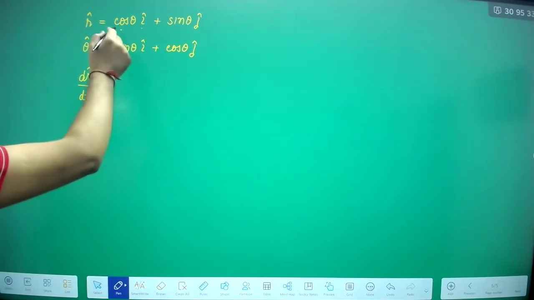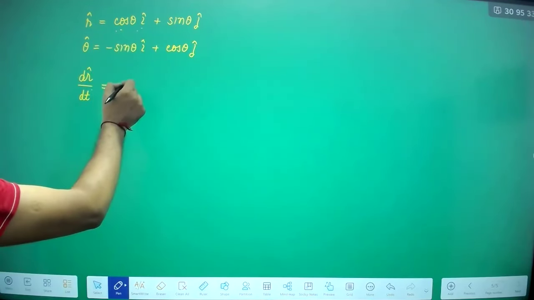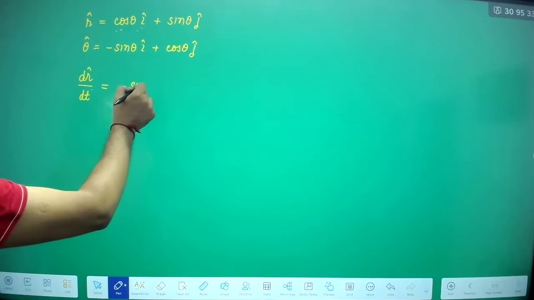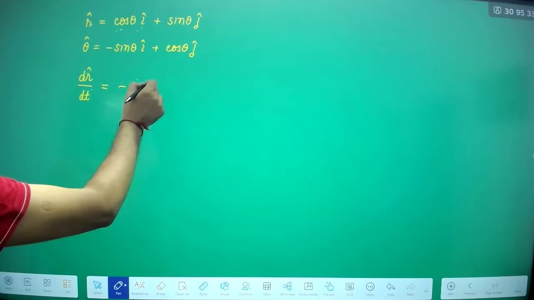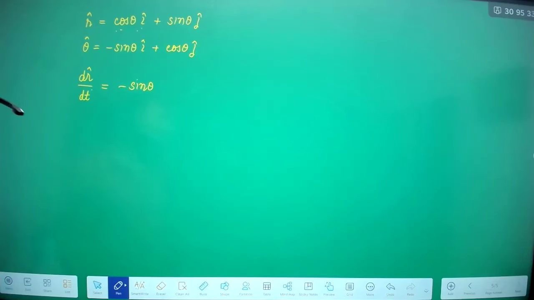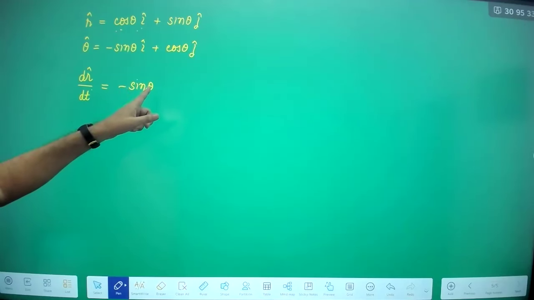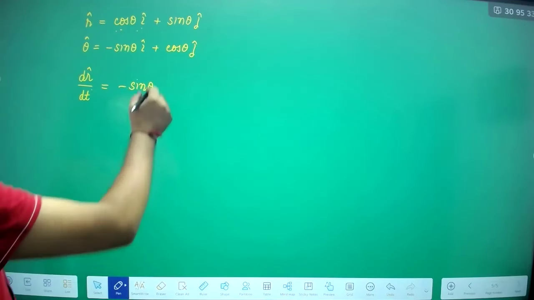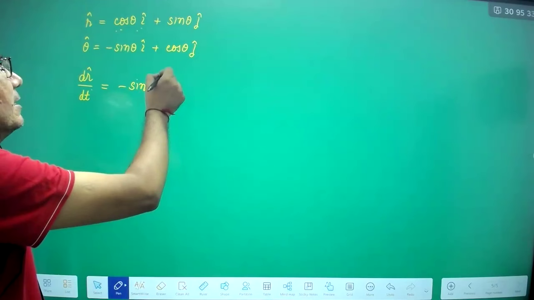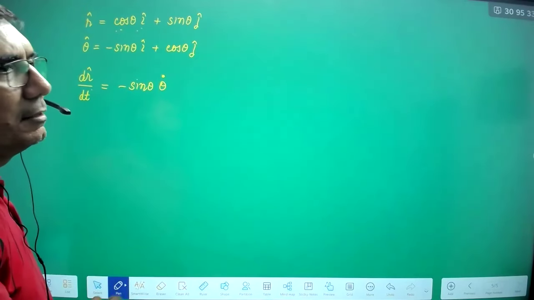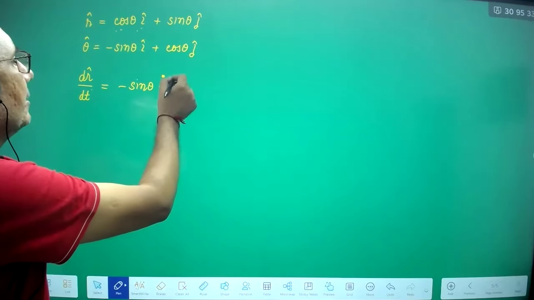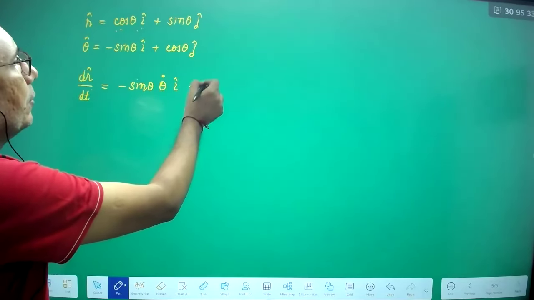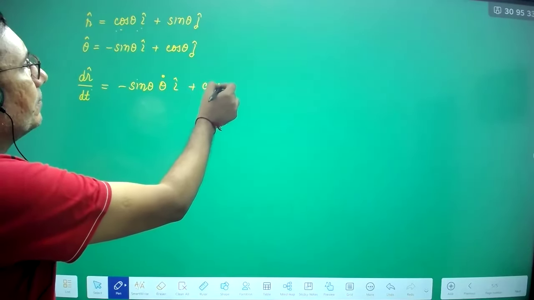This will be cos theta, what will its derivative be? That will be minus sin theta, and what will come next? And theta dot, d theta by dt. So cos theta becomes minus sin theta and d theta by dt. So this will be d theta by dt, I can write it as theta dot, and this i cap will be as it is, plus cos theta.